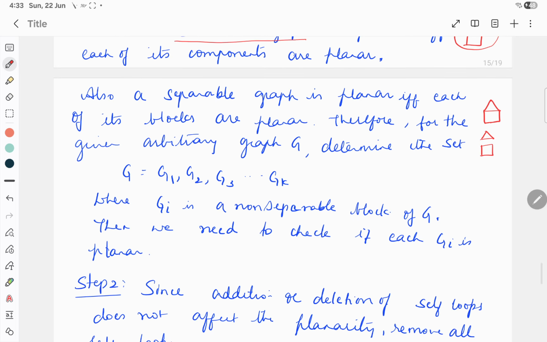Therefore, for a given arbitrary graph G, determine the set G = {G1, G2, G3, ..., Gk}, where each Gi is non-separable. I have separated the blocks here, and these blocks cannot be further separated; they are called non-separable blocks. So Gi is a non-separable block of G. Then we need to check if each Gi is planar.